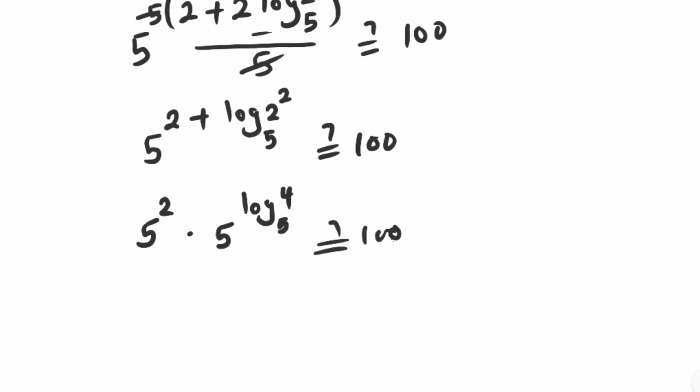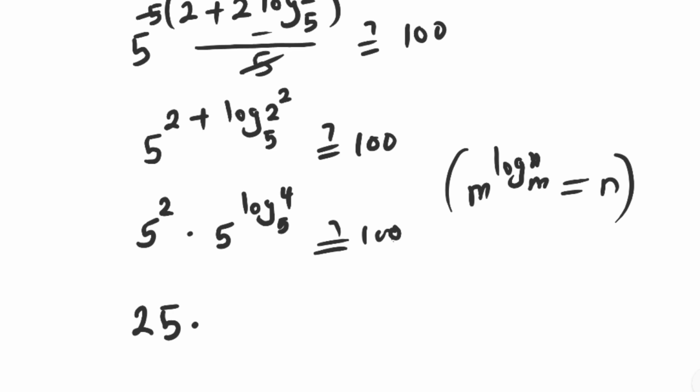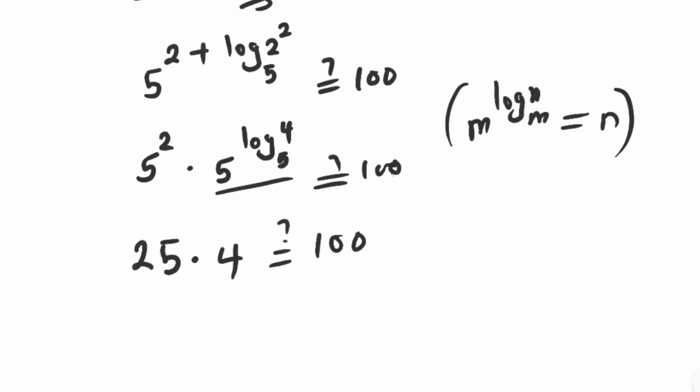Now 5 squared, this is 25, multiplied by, if you have m raised to power log n base m, this is equal to n. Then the whole of this is 4 must be equal to 100. Then 25 multiplied by 4, this is 100, is equal to 100, which is true.